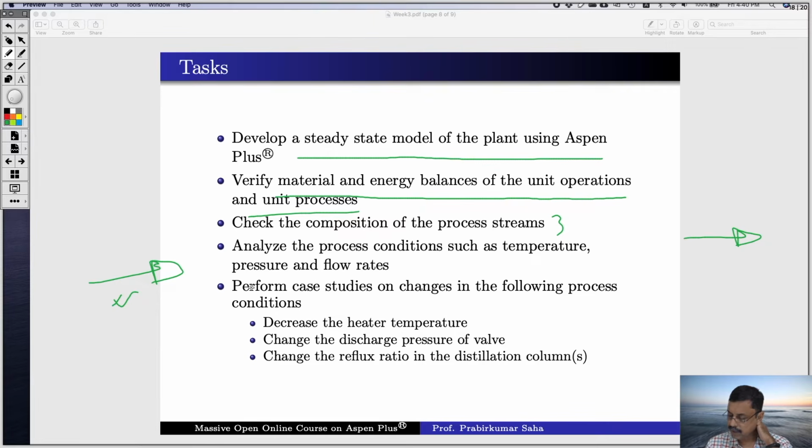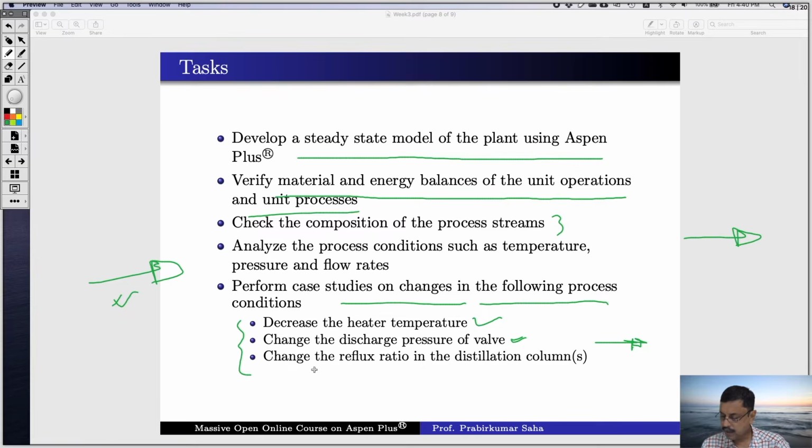Then analyze the process conditions such as temperature, pressure and flow rates, and perform a few case studies on the changes in the following process conditions. So this we have identified for this case study. One is decrease the heater temperature and see what happens. Change the discharge pressure of the valve, because the discharge pressure of the valve decides how much liquefaction will happen after the flash tank.